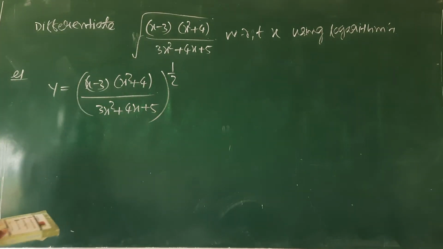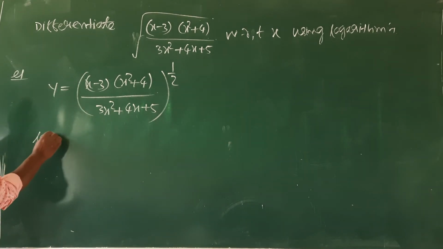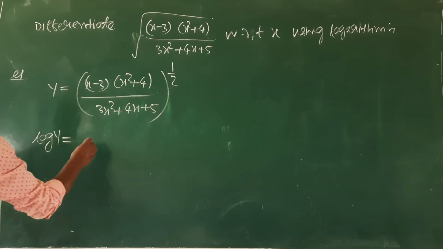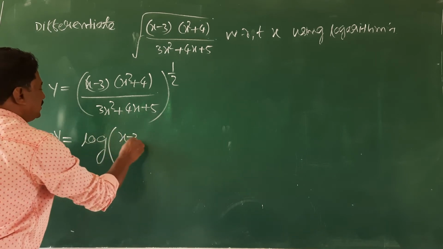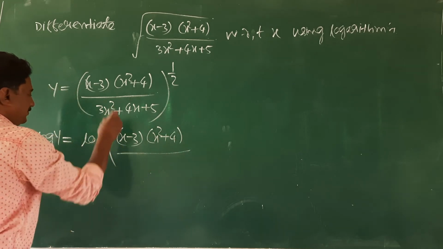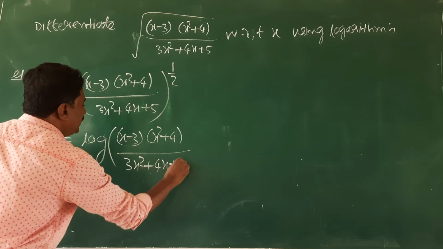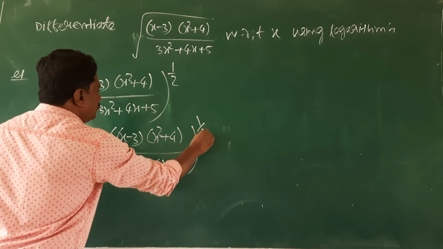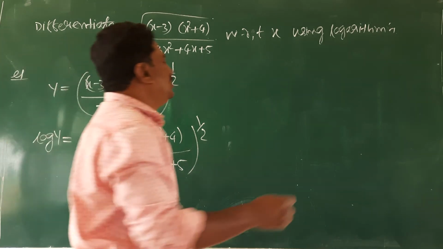Let us go for taking log on both sides. So log y is equal to log of (x minus 3)(x square plus 4) by (3x square plus 4x plus 5), whole power 1 by 2. So we have a rule, laws of logarithms.